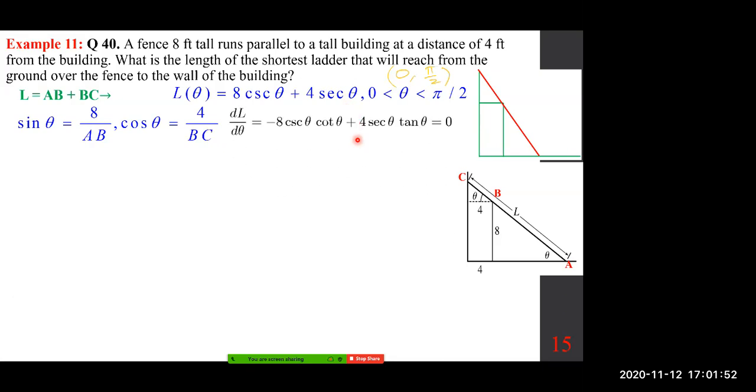And we have to set this equal to 0 and solve. So that means we can take this one to the other side. Everybody becomes positive, divide by 4. So again, we are moving negative 8 cosecant theta cotangent theta to the other side. We are dividing both sides by 4, and this is what we get.